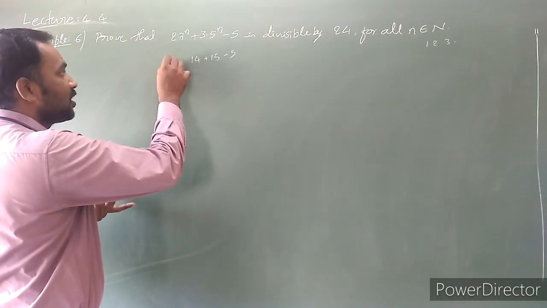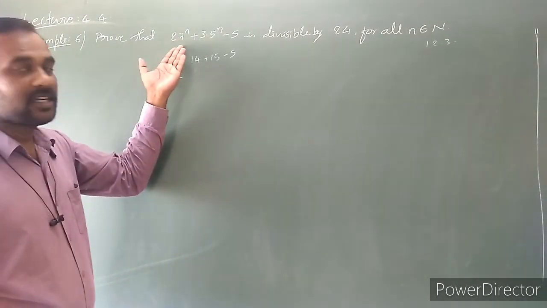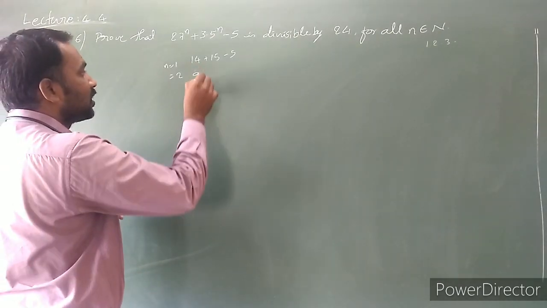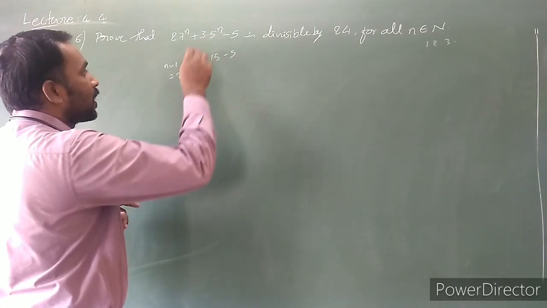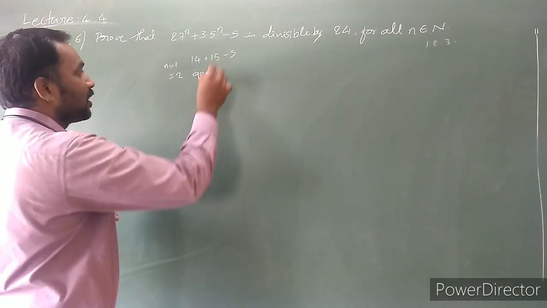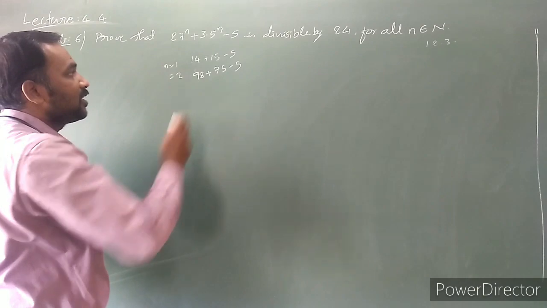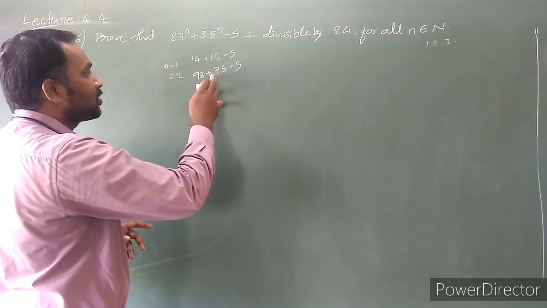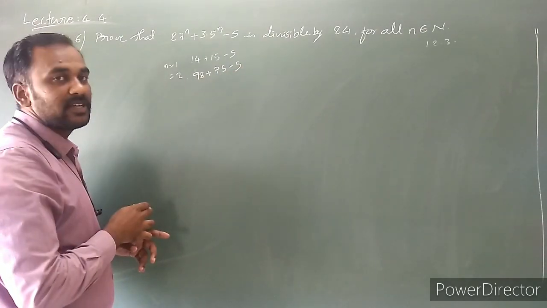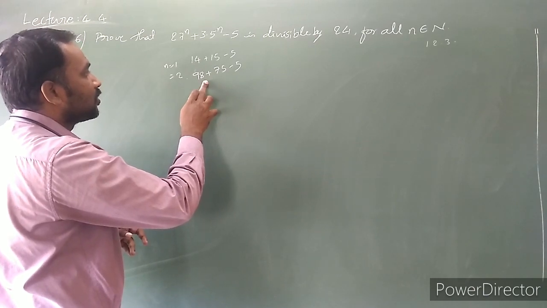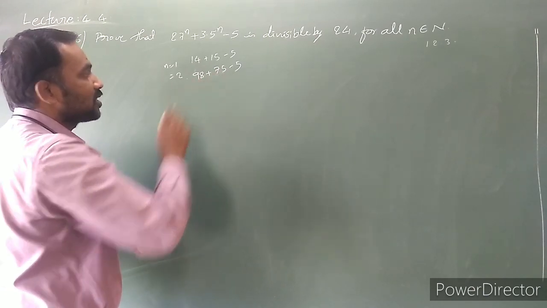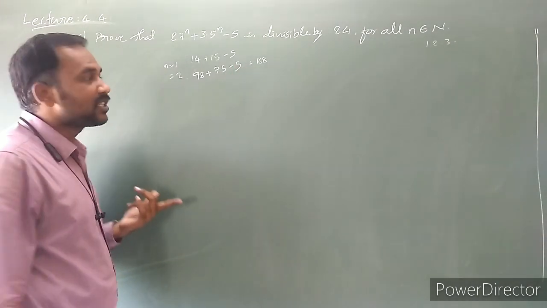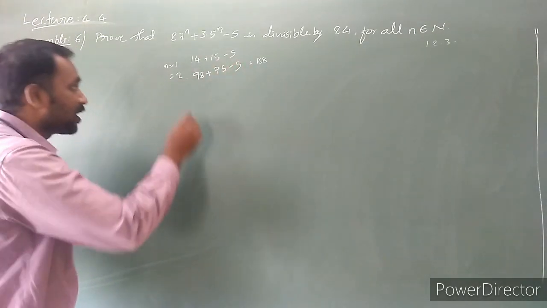If I replace n equal to 2, what do we get? 7 square is 49, 49 twos are 98, plus 5 square is 25, 25 threes are 75, minus 5. 98 plus 70 gives 168. 168 is divisible by 24. Yes, obviously it is divisible by 24.